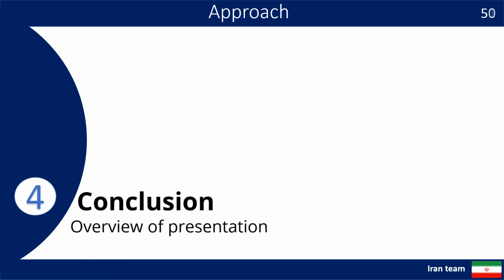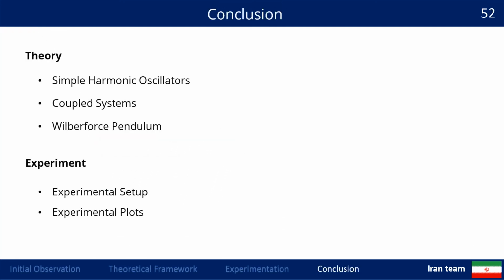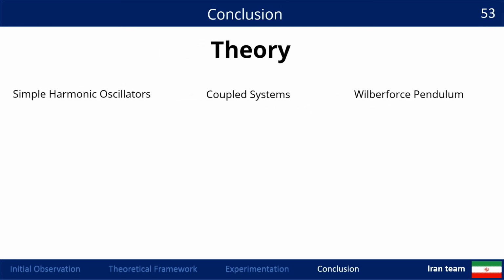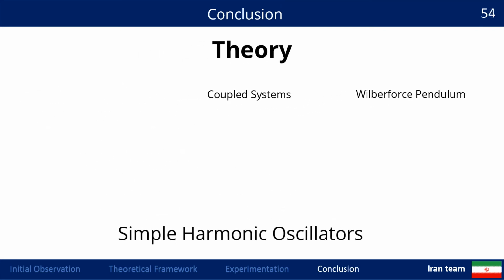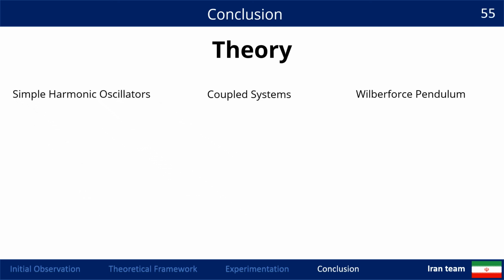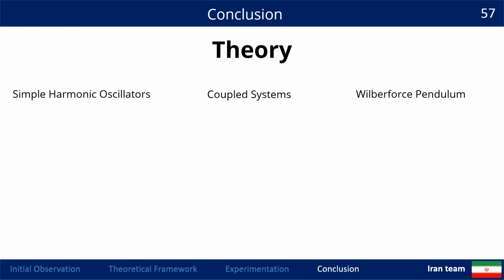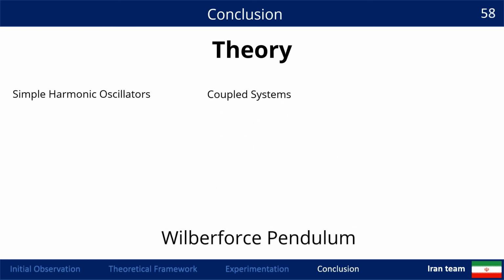So now we will conclude the presentation. First, we looked in our theory at simple harmonic oscillators. We discussed each of their parameters, and we moved on with that knowledge to coupled systems. Then we moved on to the Wilberforce pendulum, which was our main objective.